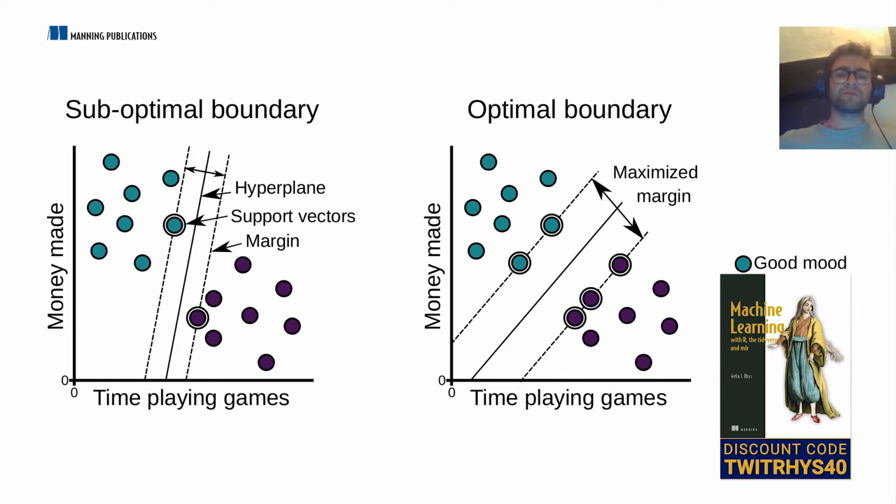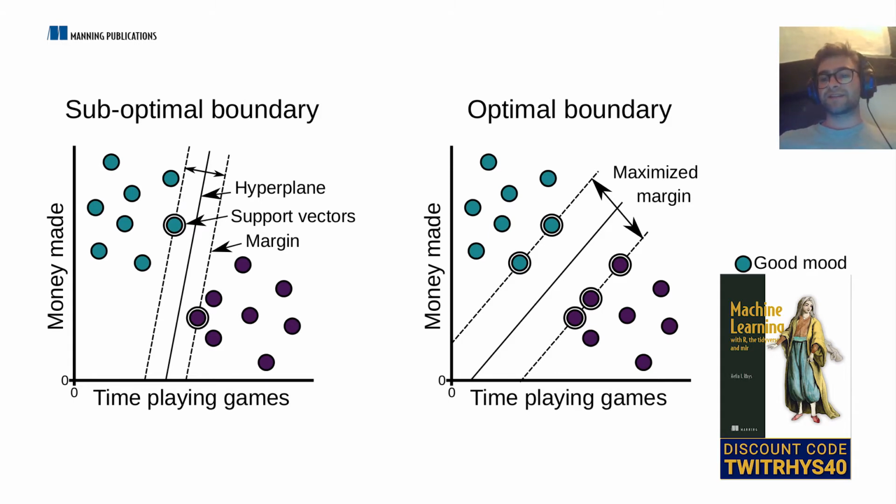And the support vector machine algorithm works by trying to find a hyperplane that extends through your feature space that best separates the classes in a classification task.